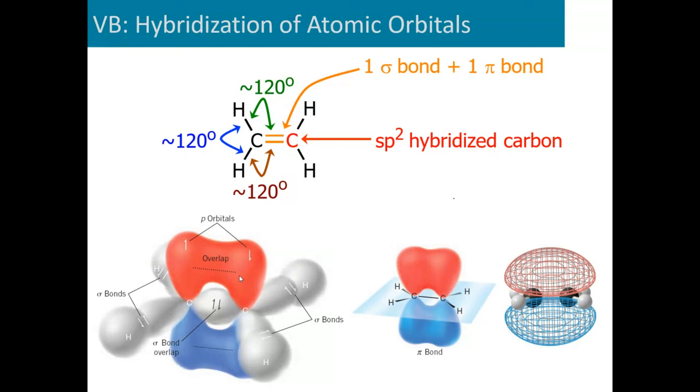I know it might be confusing a little bit, but sometimes when you look at your textbook, they say, oh, the double bond is stronger. So if it's stronger, why is it more reactive than the single bond? It's not that the double bond itself is weaker. It's just that the pi bond in the double bond is weaker than the sigma bond.